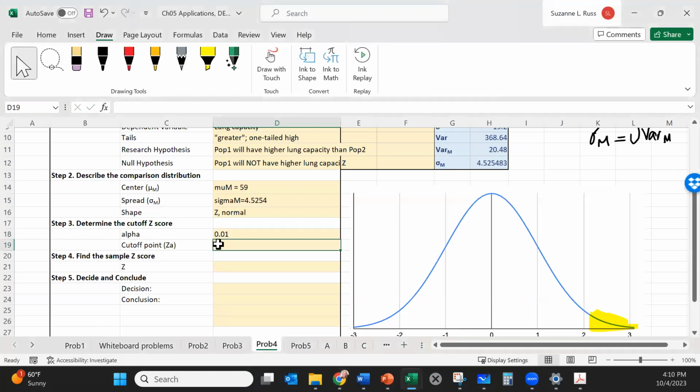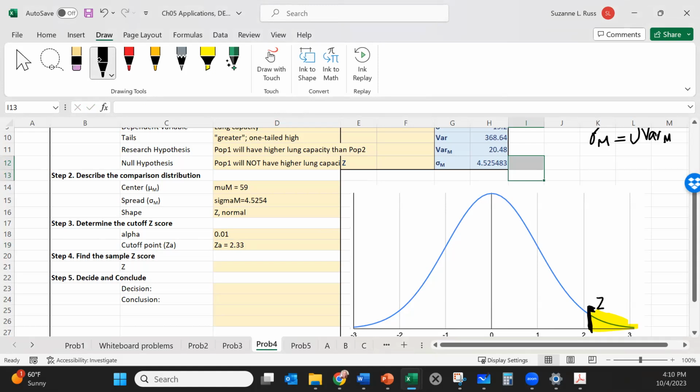So I am going to put that in here. That is our cutoff point. Z alpha equals 2.33. I didn't have to put a negative sign in front of it because I was looking for a one-tailed high test. Now I can know exactly where to draw the line. I actually went a little far here. We actually have a cutoff point right about here. It would actually be a little further on, but I made too much yellow there by accident.